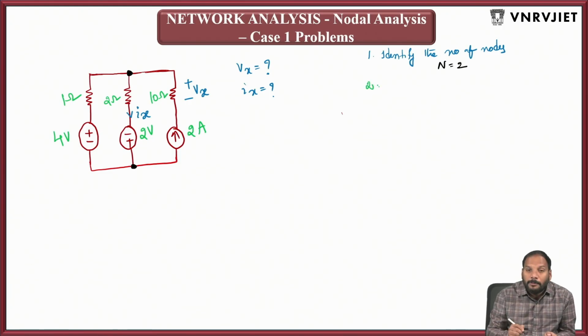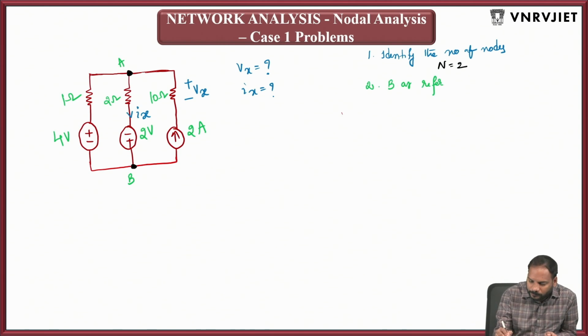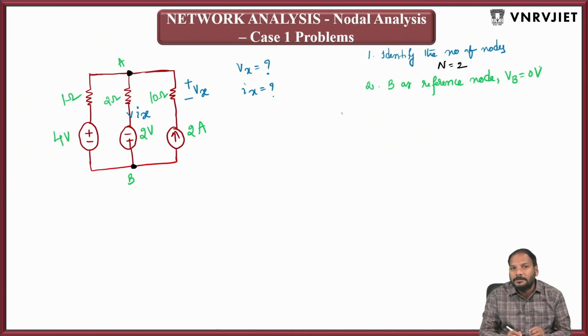The second important point in nodal analysis is that among the 2 nodes, one node must be grounded. Let us consider this node as A and this node as B. Let us consider B as the reference node, meaning the potential at point B is 0 volts.